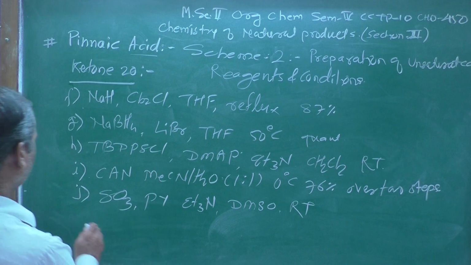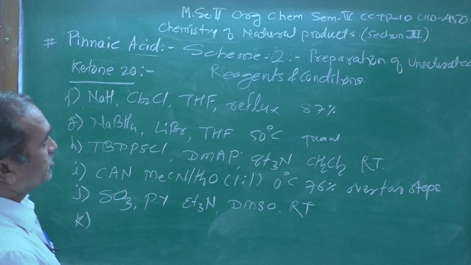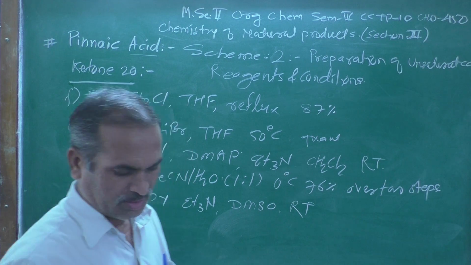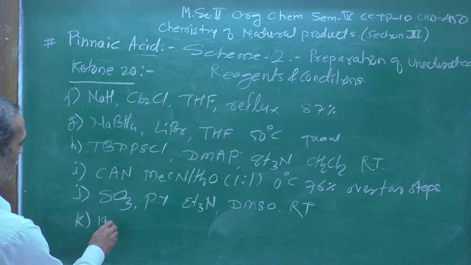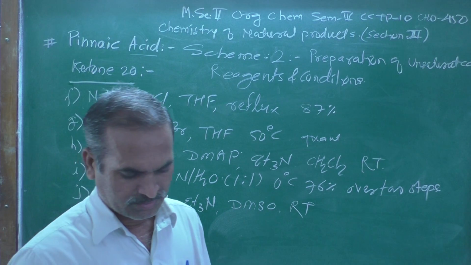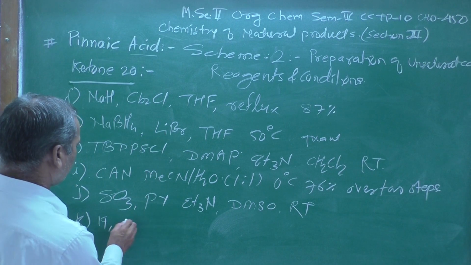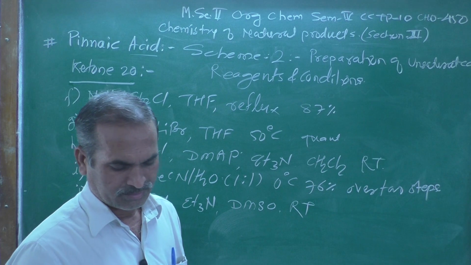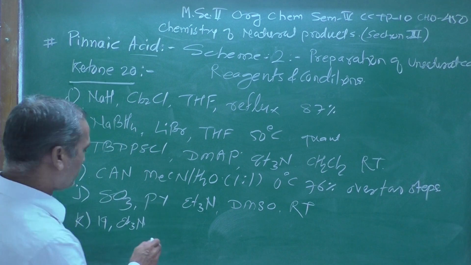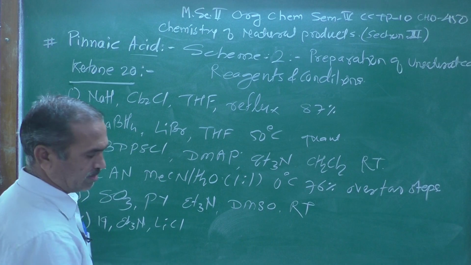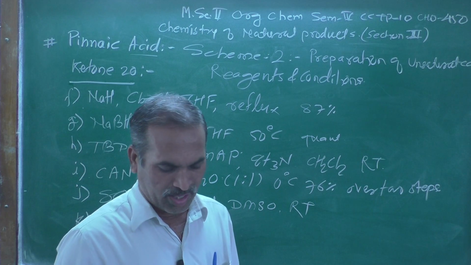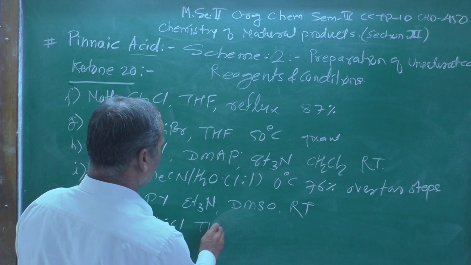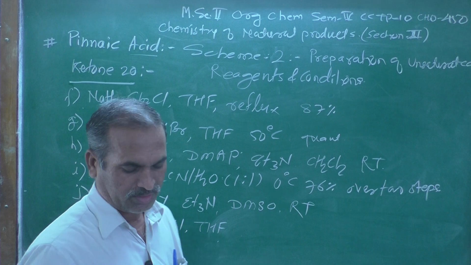Then K reagent used in scheme number 2 is structure number 19, along with Et3N. Besides that, LiCl, lithium chloride, and the solvent used is THF, tetrahydrofuran.